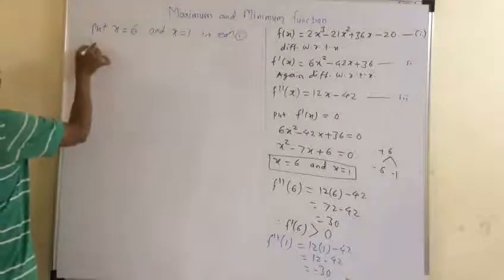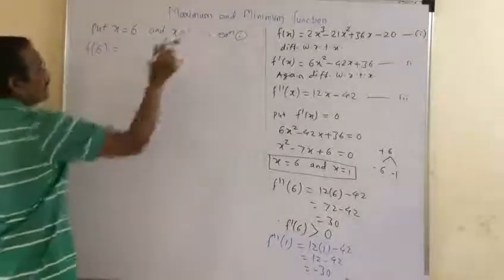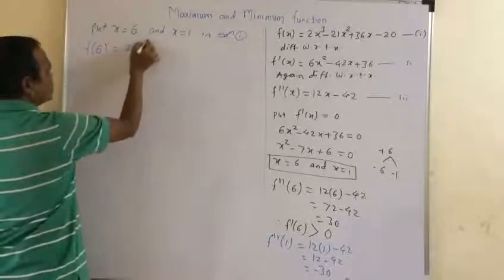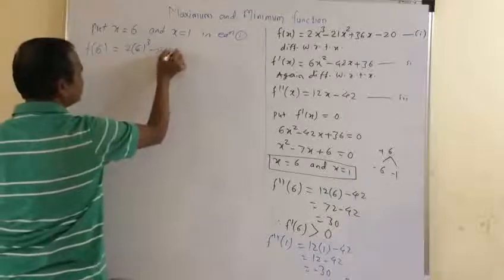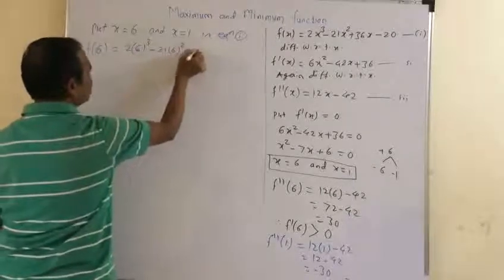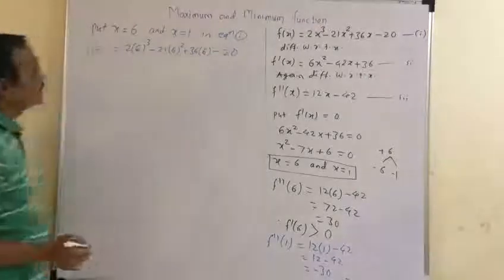So we get f of 6, 2 times 6 cube minus 21 times 6 square plus 36 times 6 minus 20.